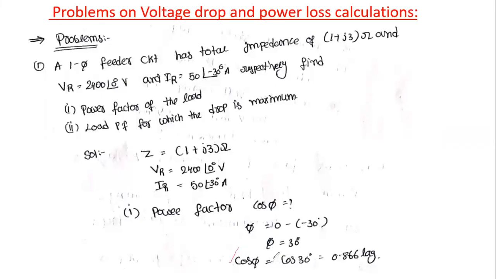Cos phi is equal to cos of 30 degrees, which is 0.86 lagging. This is the power factor. First we calculate the power angle, that is phi, and after that we calculate the power factor, that is cos phi.